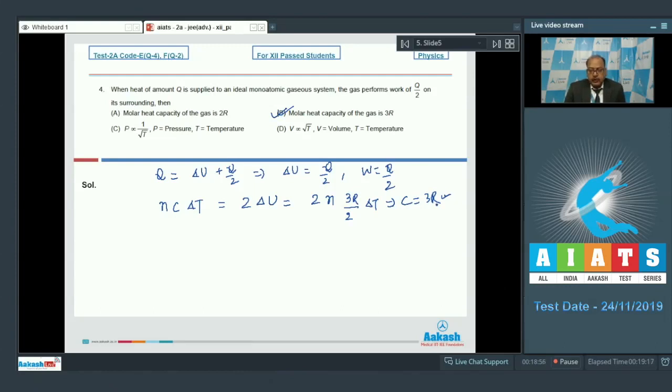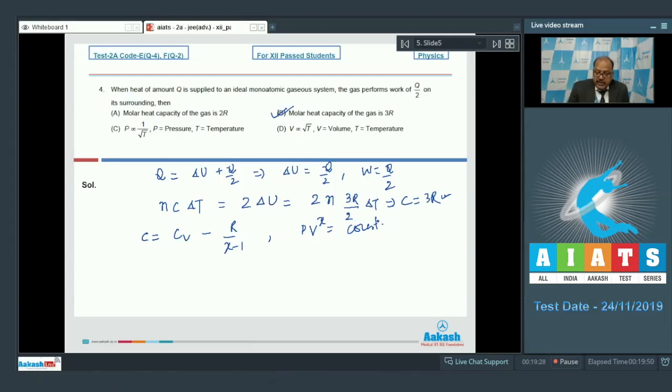We know that C can be given as, for a polytropic process, CV minus R by X minus 1, if the process is PV to the power X is equal to constant.